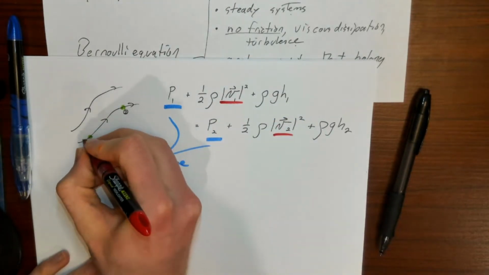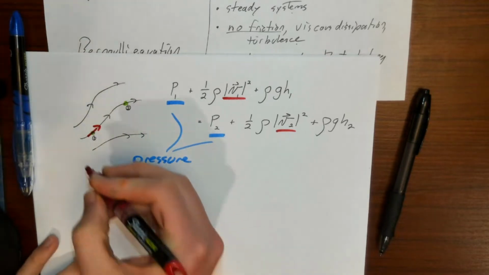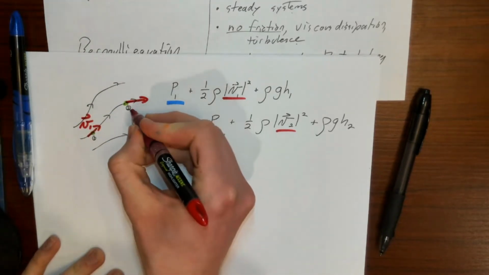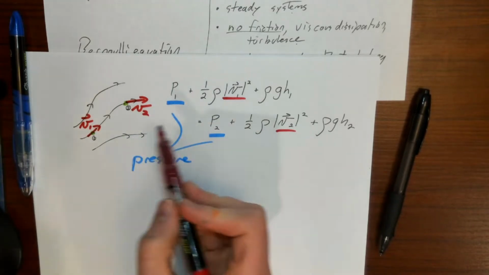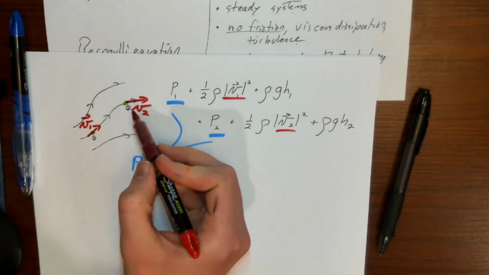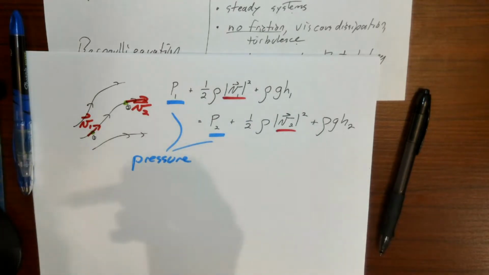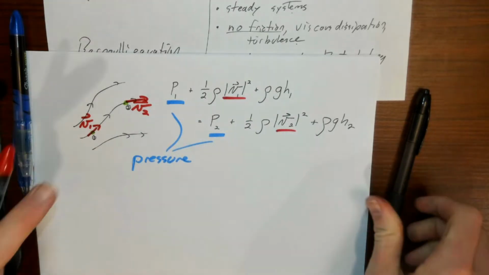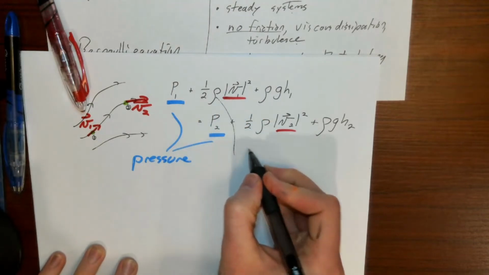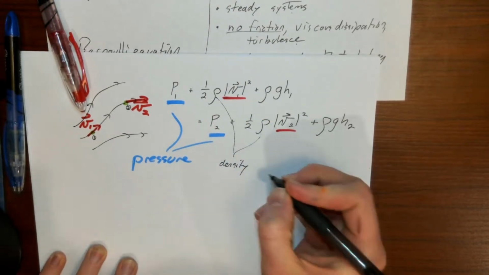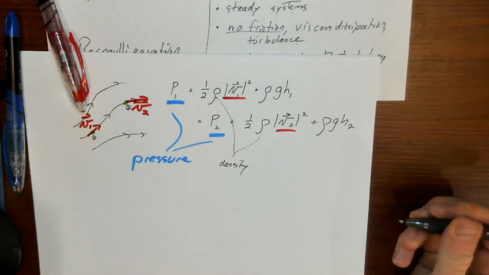So at point 1, the fluid has some particular velocity, v1, and at point 2, the fluid has some particular velocity, v2. If I take their magnitudes and square them, that's what these two terms are in here. And of course, this is the fluid density.